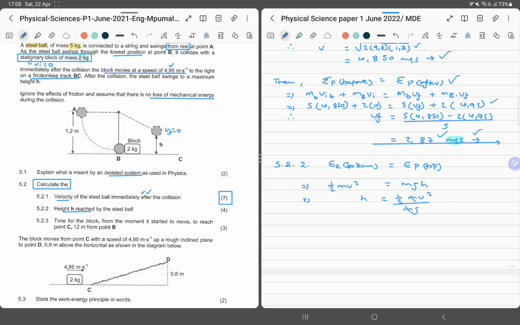And then that guy cancels out. So I have 0.5 into the velocity there. The velocity is the initial velocity, by the way. What is that initial velocity? We calculated it's 2.87 and then it's squared. Divide by g, which is 9.8.